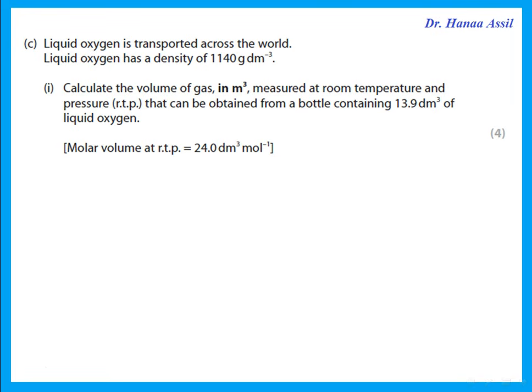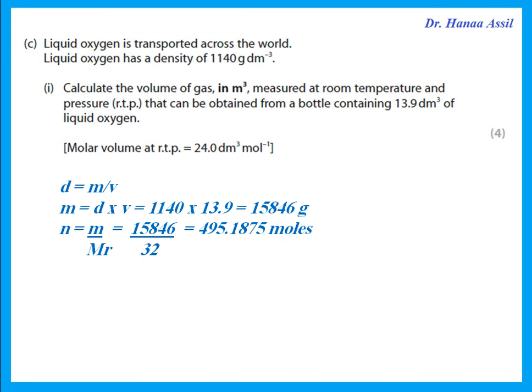Okay, so we're starting with liquid oxygen, and he's giving me a certain volume, and you remember that density is mass over volume, so I can get the mass of oxygen in this bottle of liquid. So the mass is density times volume. Density he gives me, volume 13.9. I get a mass of this in grams because the density was in gram per decimeter cubed.